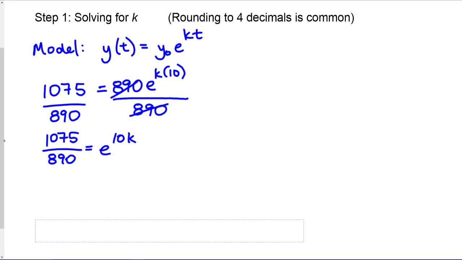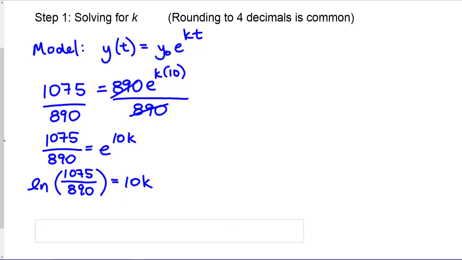Now, changing that into logarithmic form, I would be doing a log base e, which would be a natural logarithm of this fraction here, and that's going to be equal to the exponent, which is 10 times k.